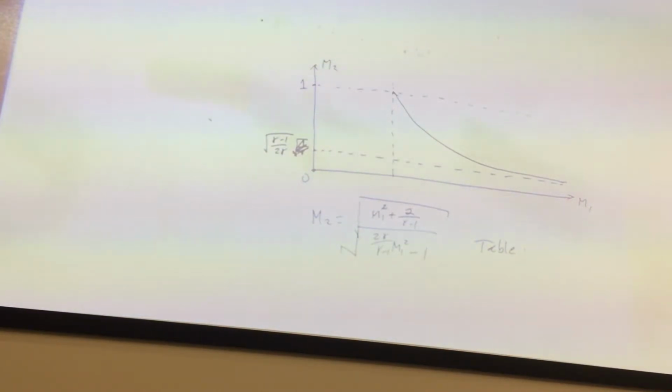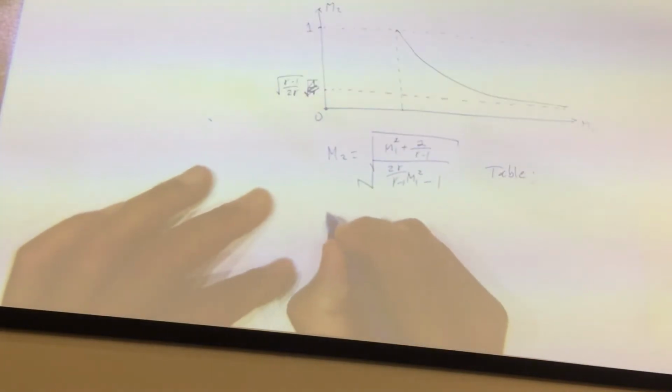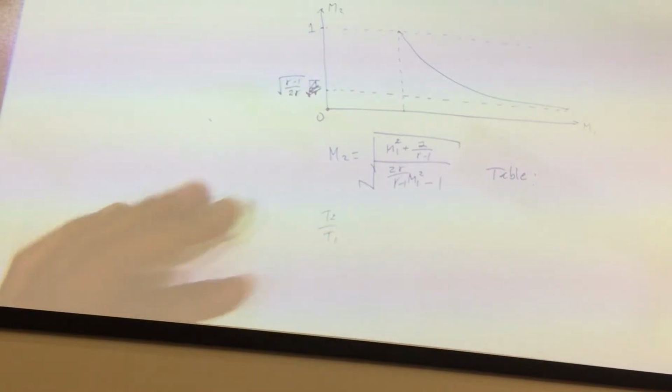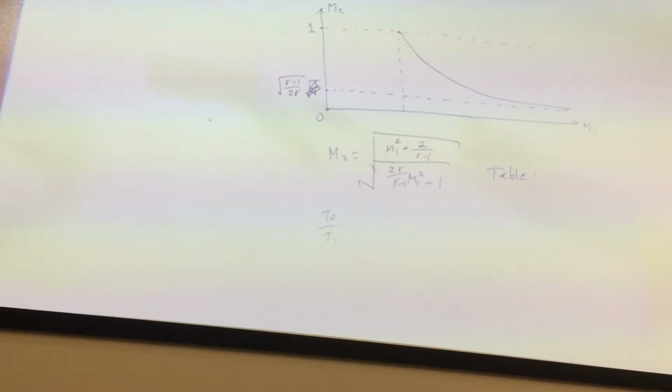Now, what would be interesting is your T2 over T1 across the shock wave. We try to find a relationship between what's upstream and downstream, right? Now remember, the mechanism for a shock wave to occur is that a supersonic flow has to adjust to either a solid surface or a back pressure that it cannot accommodate.